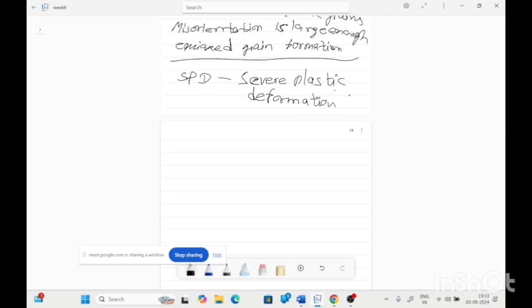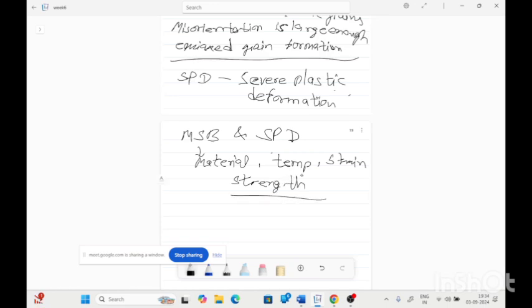So the formation of severe plastic deformation and micro shear bands depends on the material, temperature, strain, and strength of the material.